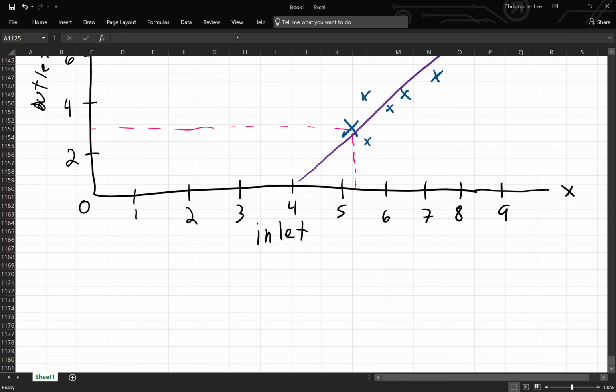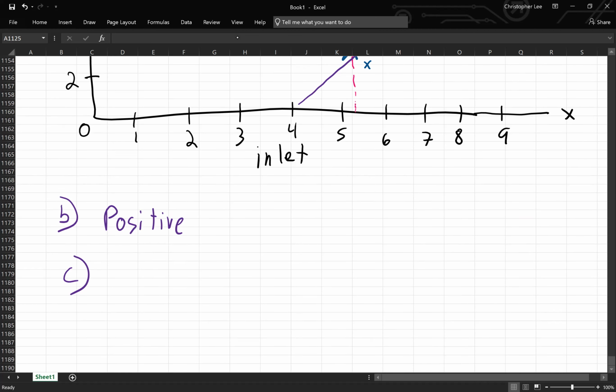So part A is to do that graph. Part B is to say if it's positive or negative, and we said positive. Part C is going to ask us to interpret this graph. And here's the interpretation.